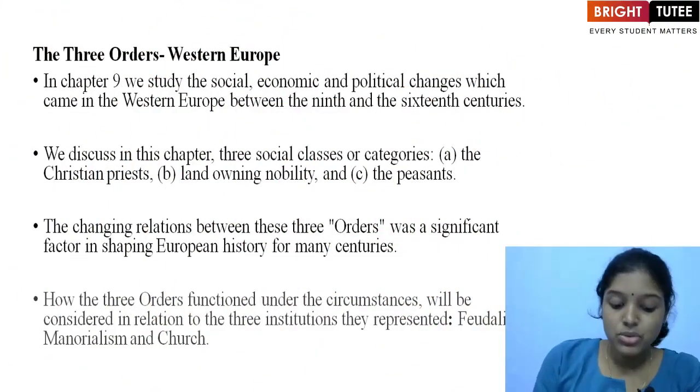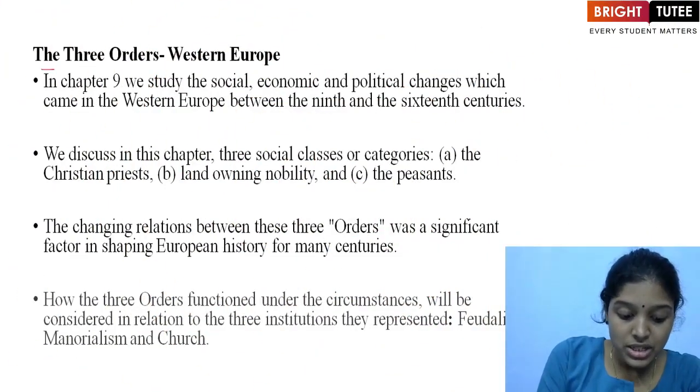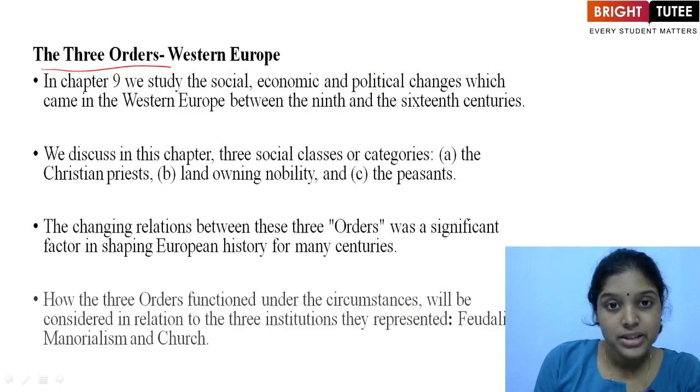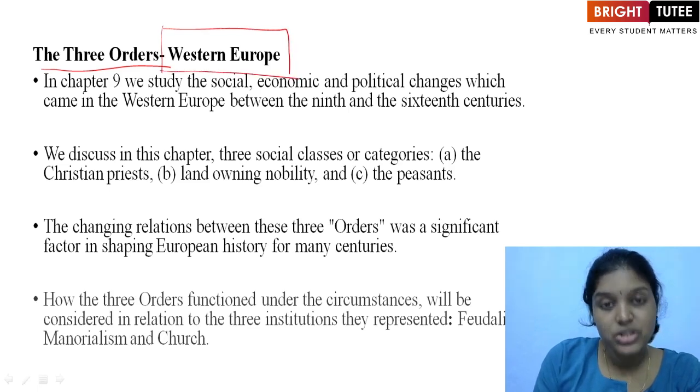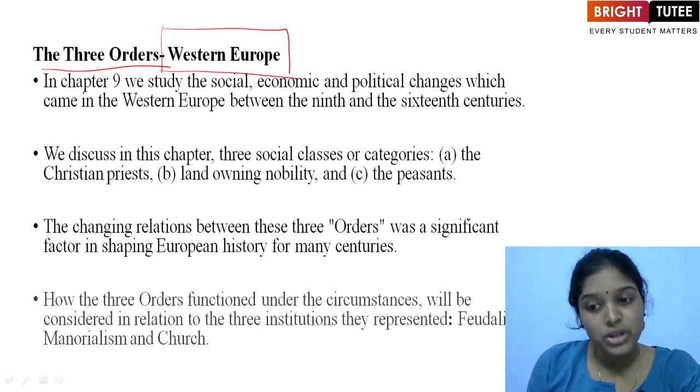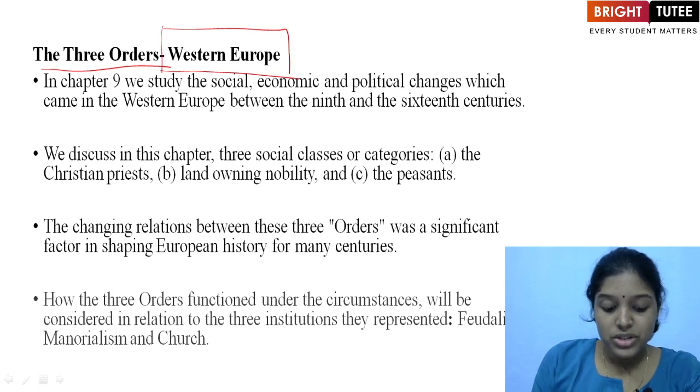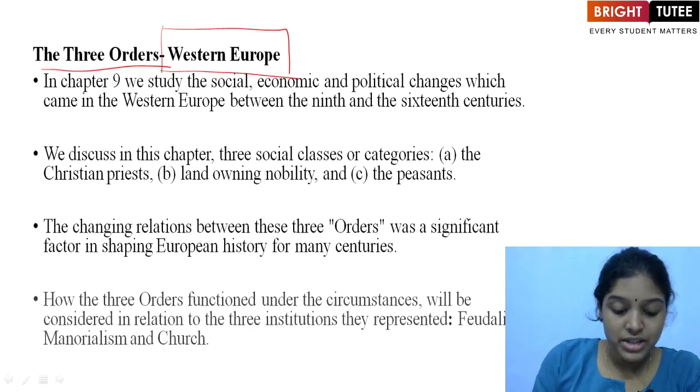And now we come to chapter 9, which deals with the topic the three orders. And as I mentioned, Western Europe is the geographical region which will be our focus. So the three orders is the title of your chapter 9.